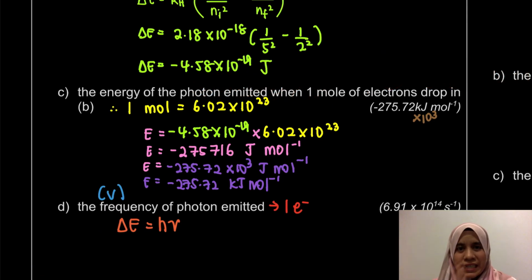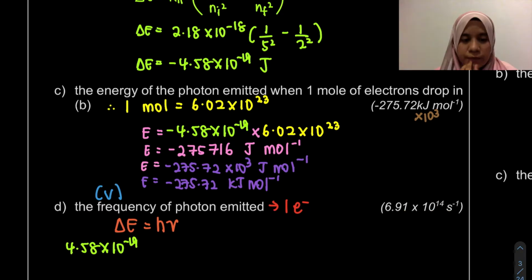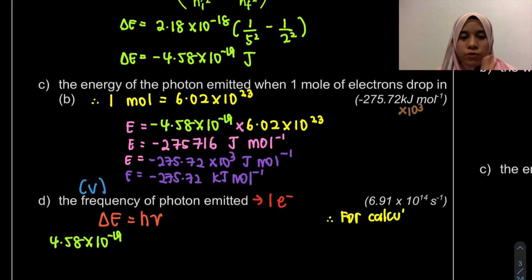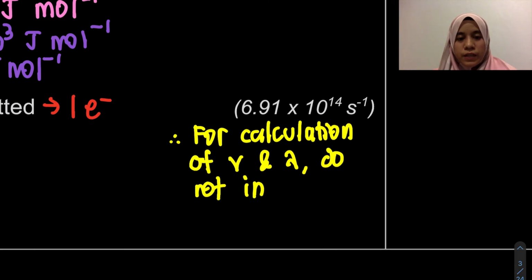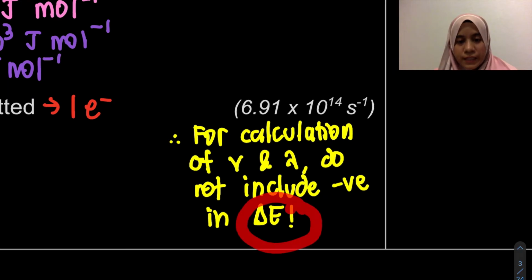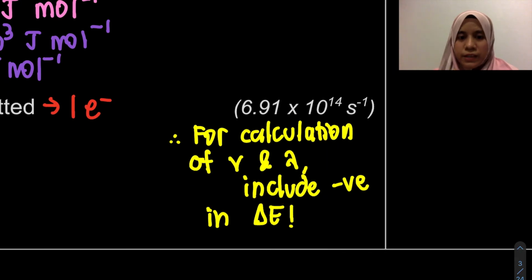But when calculating frequency and wavelength, do not include the negative sign. Make sure to write this down in your notes. It's very important. For calculation of frequency and wavelength, do not include the negative sign. The negative sign is for delta E.